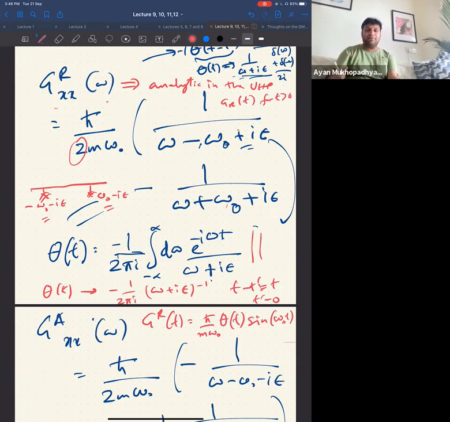So all the poles and branch cuts of G^R, of the retarded propagator, have to be in the lower half plane and not in the upper half plane. That's one of the very crucial statements. And this is all evident here, but it is a more general statement than this.